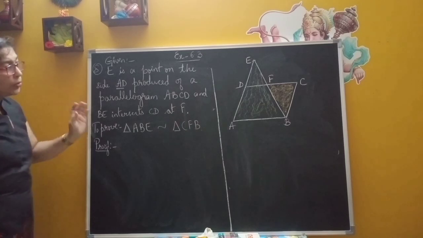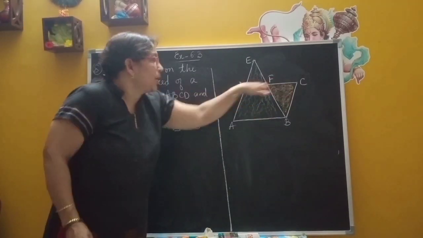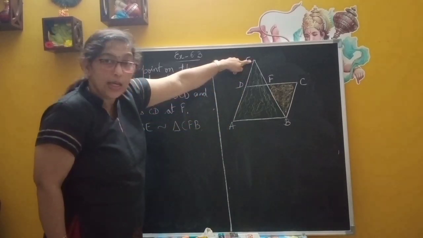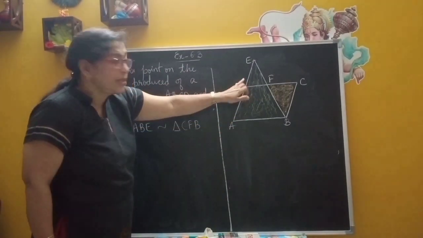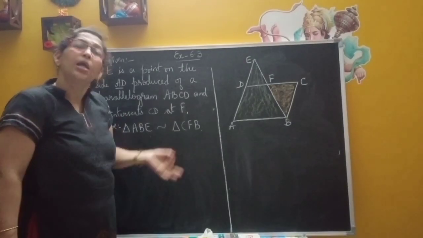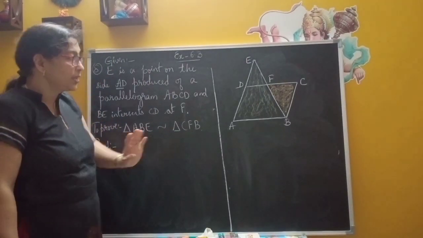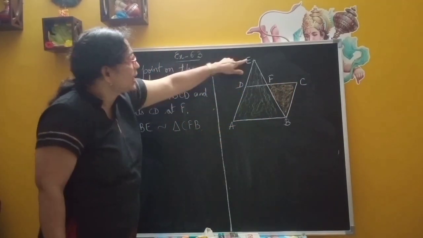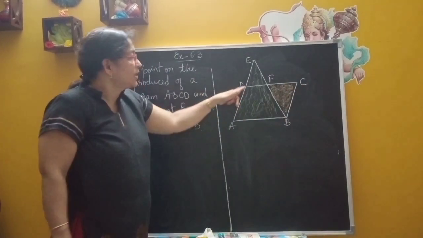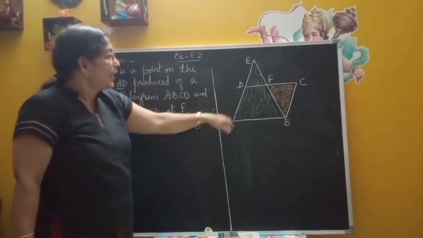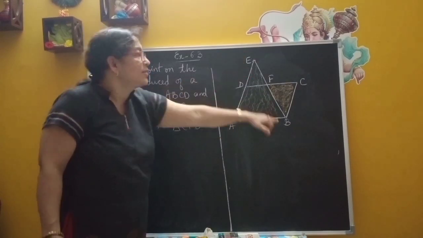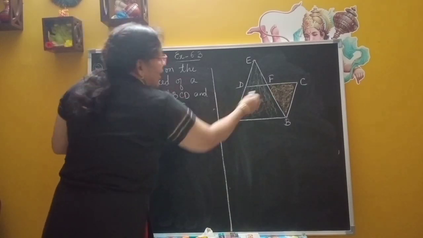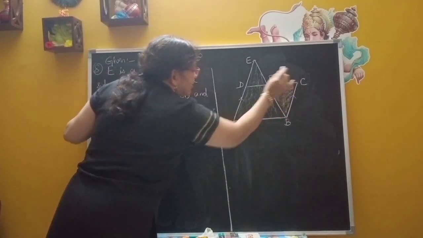Now see here, this is a parallelogram ABCD, and AD is produced till E. In a parallelogram, opposite sides are equal and opposite angles are equal. You know that. So AD is parallel to BC, and obviously AE is also parallel to BC because that is nothing but the extended part. So these two sides are parallel.